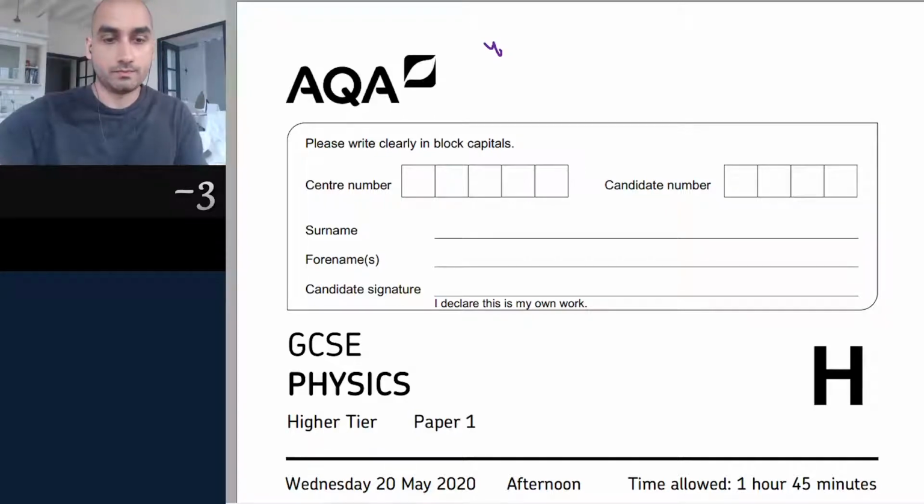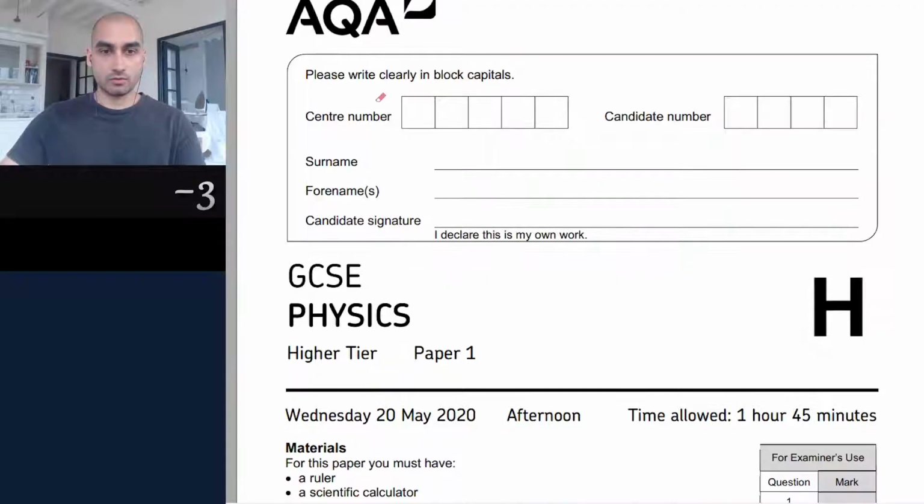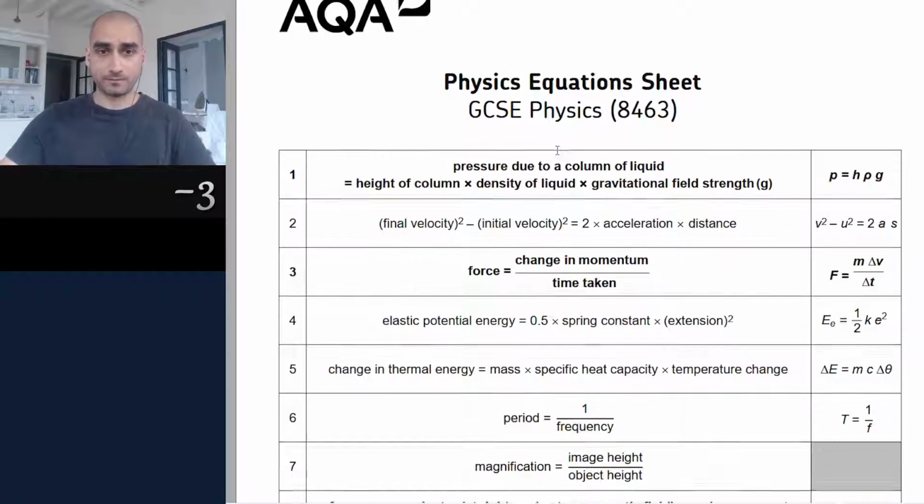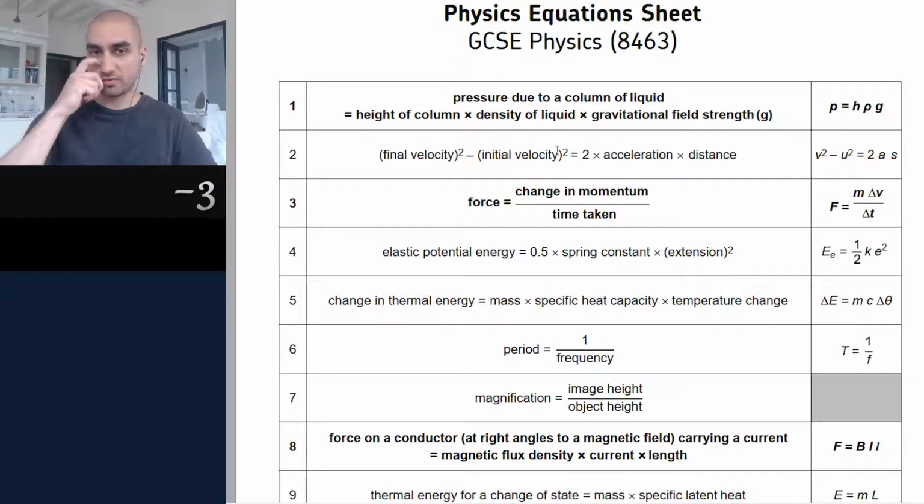Okay, so, all right. So paper, okay, so this is the sheet. So what do we got here? Pressure due to a column of... Wow, I don't remember that stuff, but whatever.